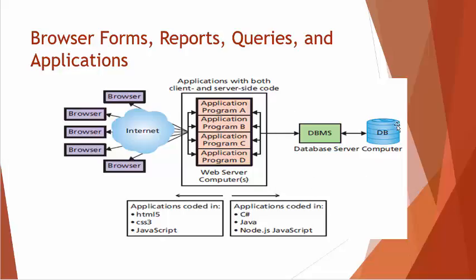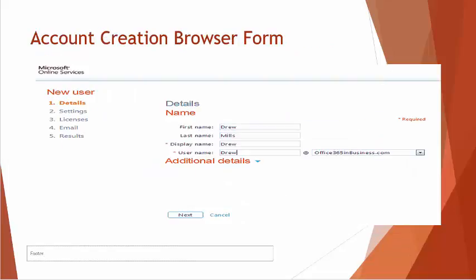Now, on this side, if you want to code directly to the database management system or the database, you might need to know C# or Java or some kind of JavaScript that's a subset, and you would be able to use that in these applications. Here's an example of a form that might be created for the front end of the database.